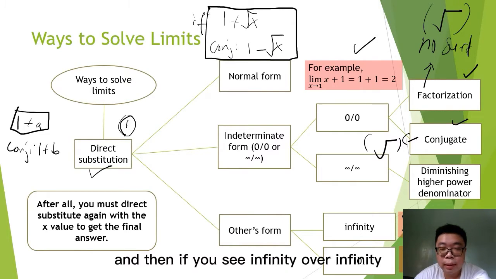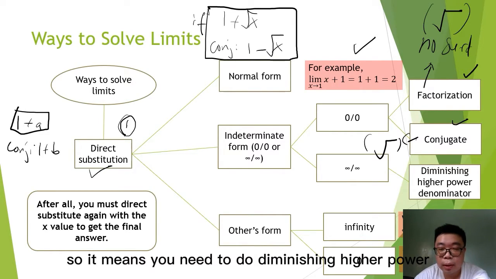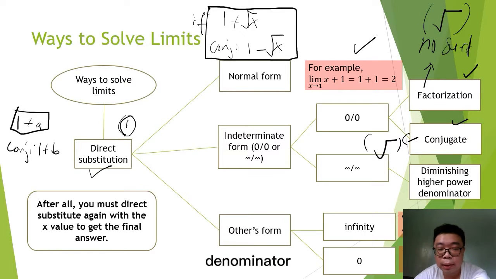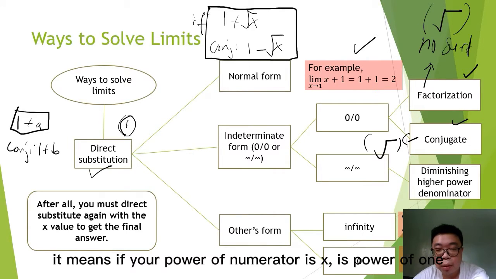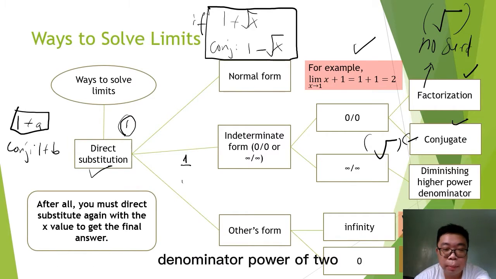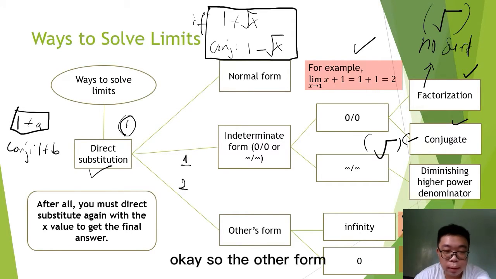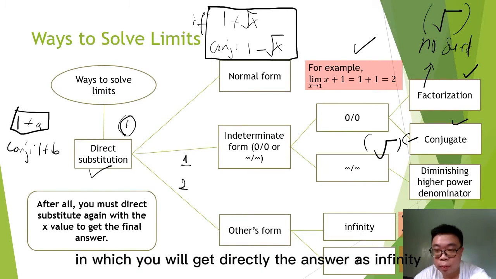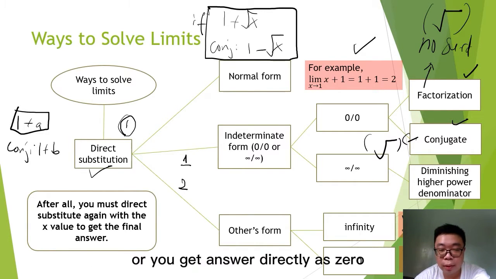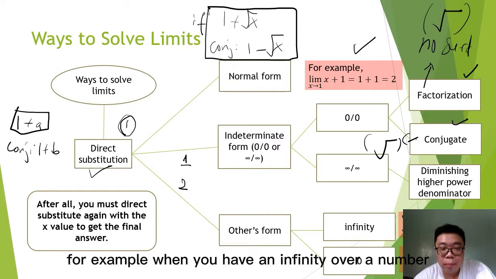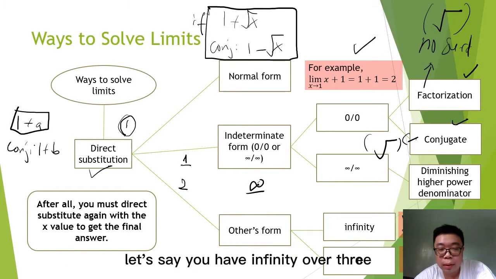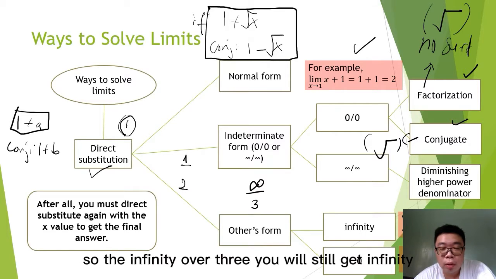And if you see infinity over infinity, it means you need to divide by the higher power of the denominator. It means if the power of the numerator is x to the power of 1 and the denominator is power of 2, you need to divide by the higher power, x squared. There are other forms where you directly get the answer as infinity or 0. For example, infinity over a number, let's say infinity over 3, you will still get infinity.